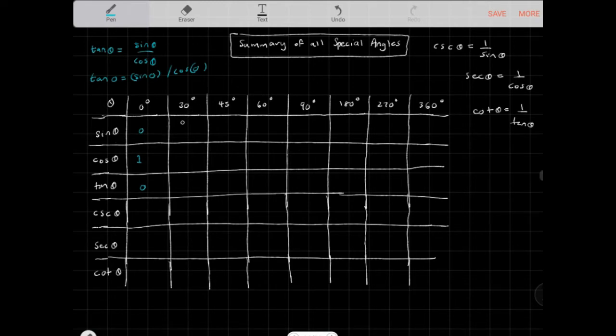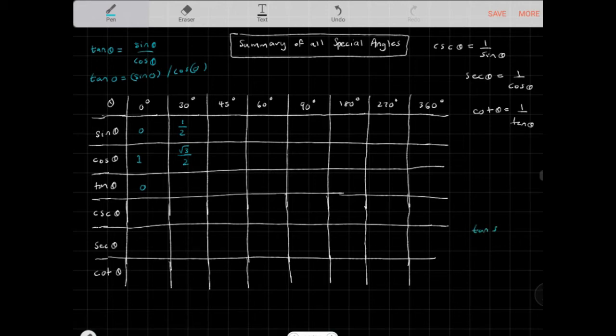Sine 30 degrees, we said was 1/2. Cosine 30 was square root 3 over 2, right? And as a result, tan 30, you could divide these two, right? And you can prove that here if you wanted to.